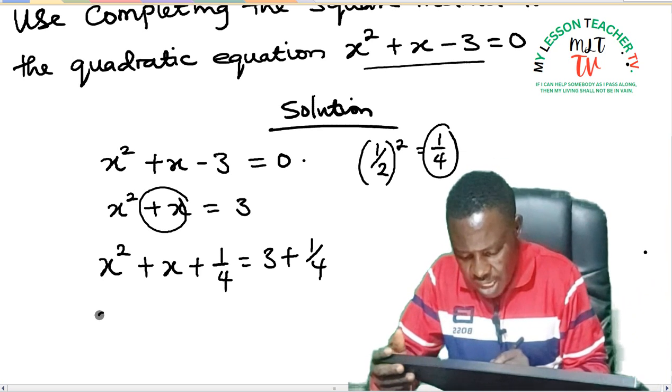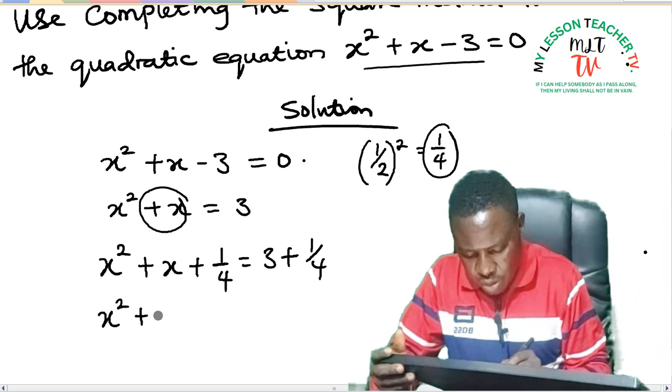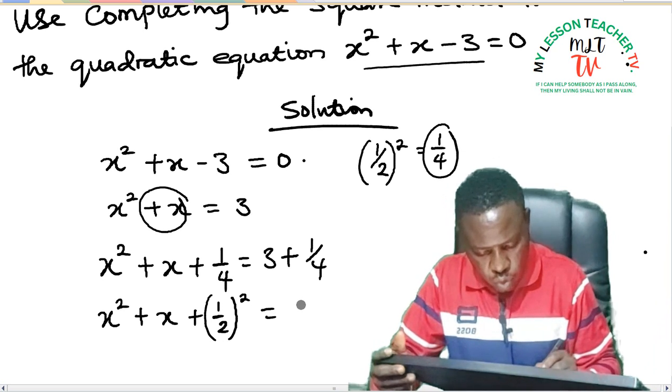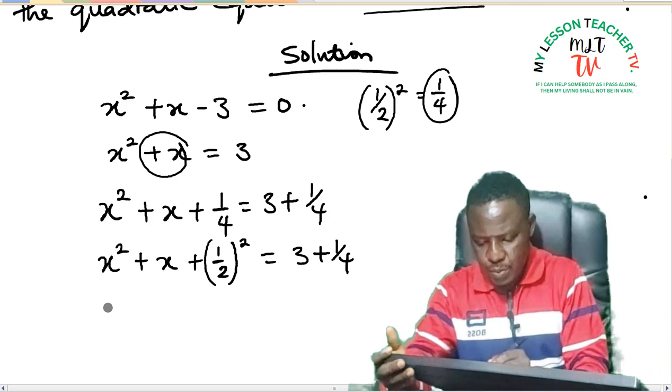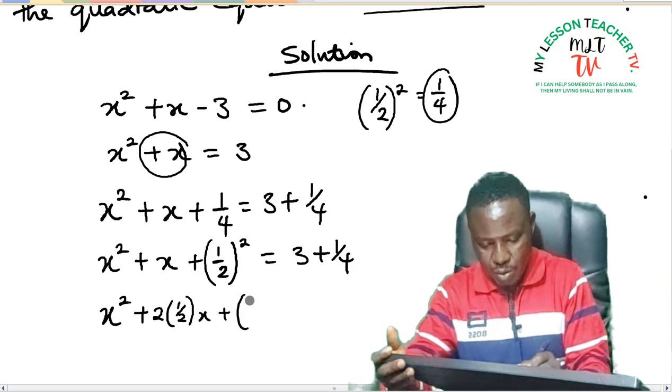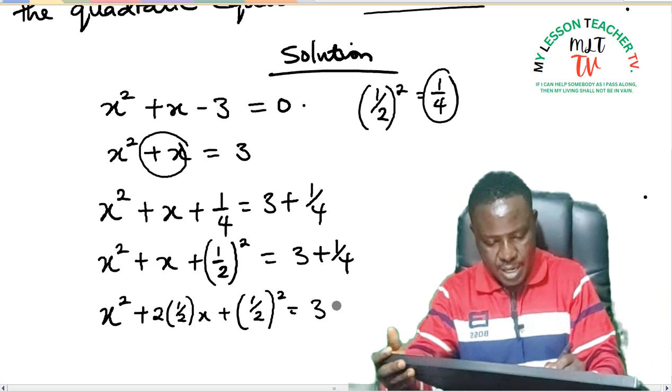So this can be expressed as x plus 1 over 2, all squared, is equal to 3 plus 1 over 4.